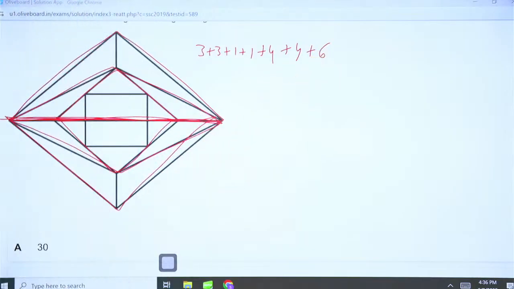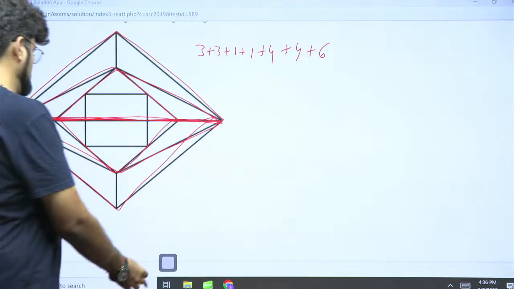Now check. 3, 3, 2, 8, 8, 16, 6, 22. 22. Okay. 3, 6, 7, 8. 8 plus 8 is 22. What else? What else are we missing?